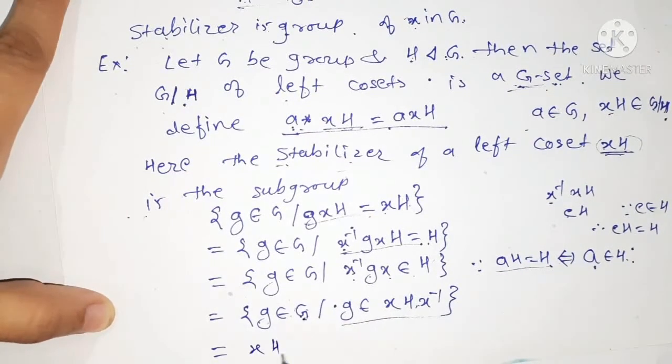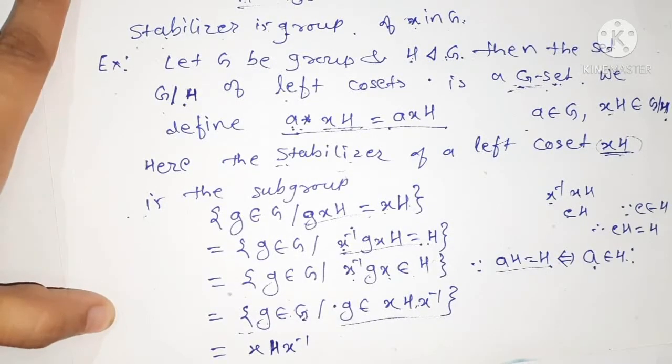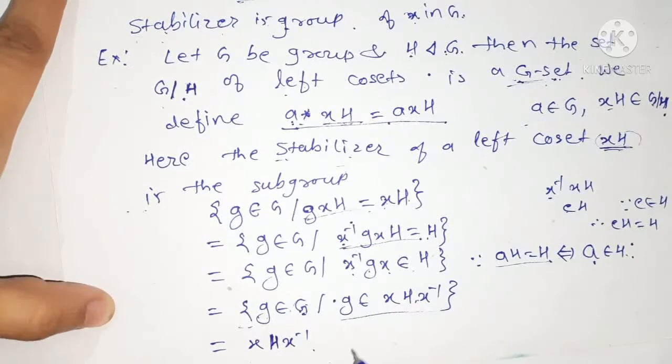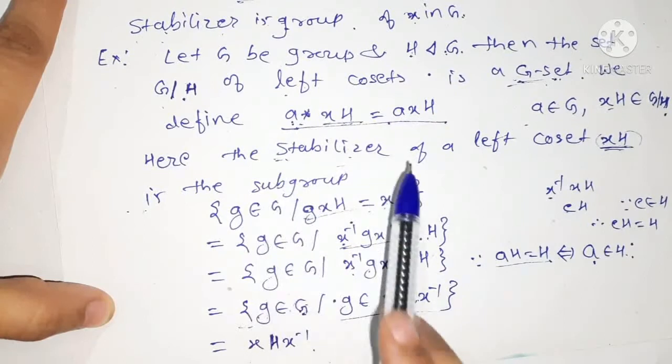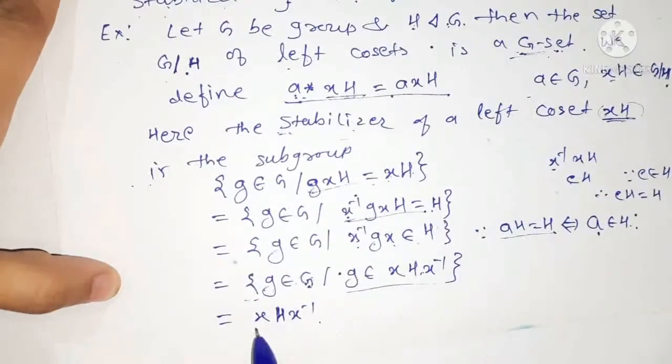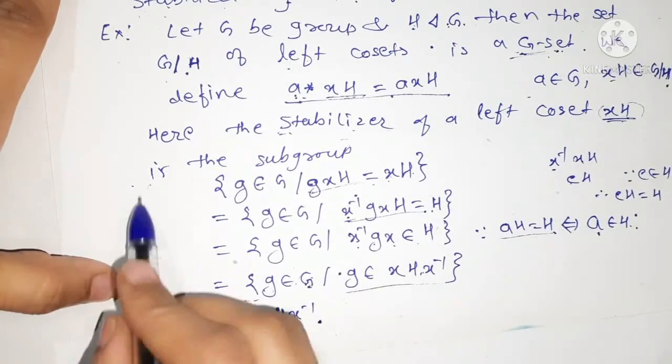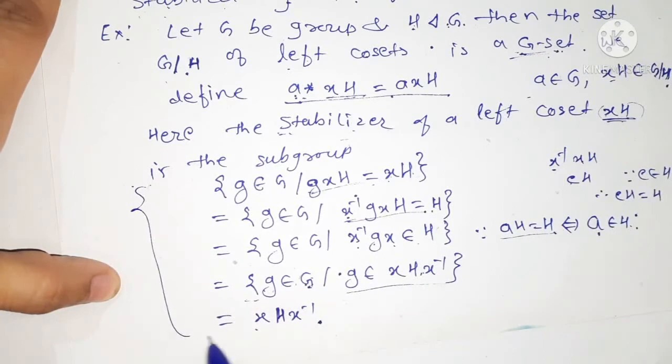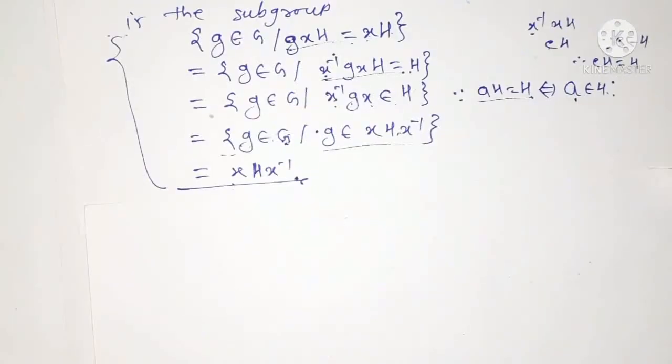This set is nothing but xHx inverse. So the stabilizer of the left coset xH is the set xHx inverse.